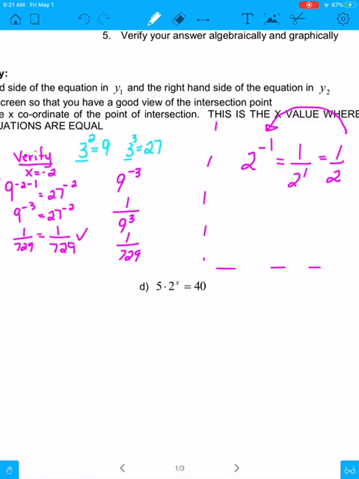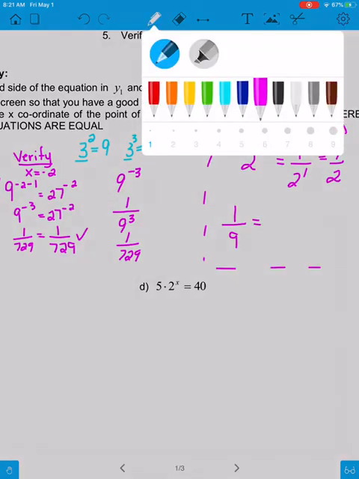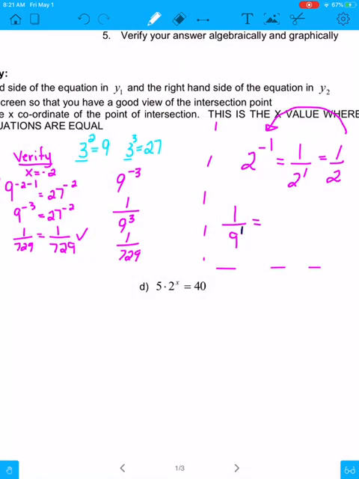So if I had 1/9, I could rewrite that technically by bringing it up. This 9 has an exponent of 1 currently. If it doesn't have anything, its exponent is 1. I could bring it to the numerator and make it be 9 to the negative 1. So whenever I have a fraction, I can bring that bottom denominator up and raise it to a negative exponent, and then it's no longer a fraction.